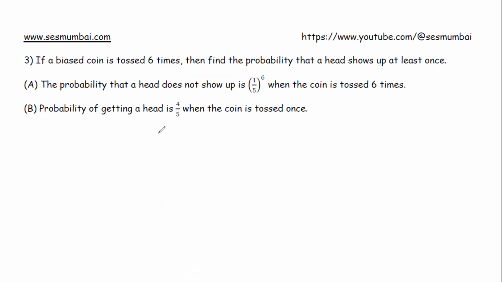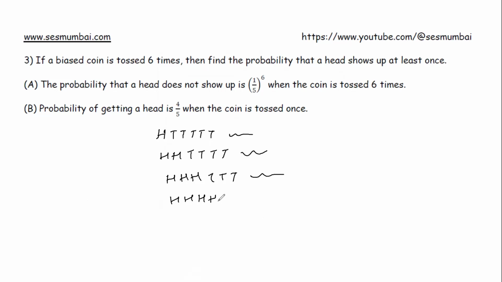So see, head shows up at least once could be head, tail, tail, tail, tail, tail, arrangements of these, and then head, head, tail, tail, tail, tail, arrangements of these, and then head, head, head, tail, arrangements of these, right?